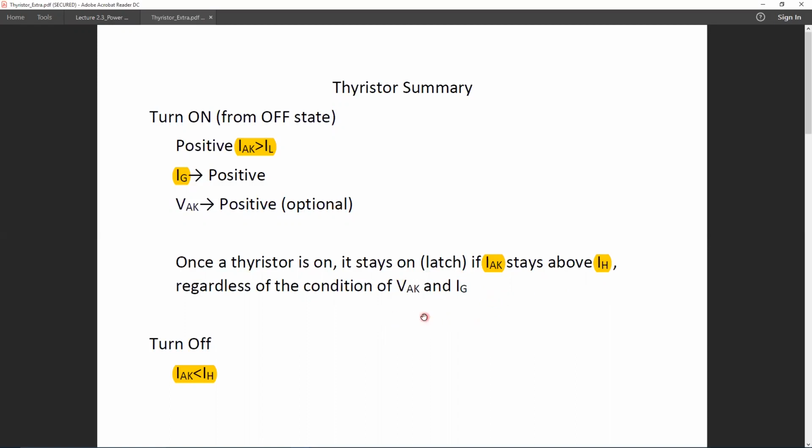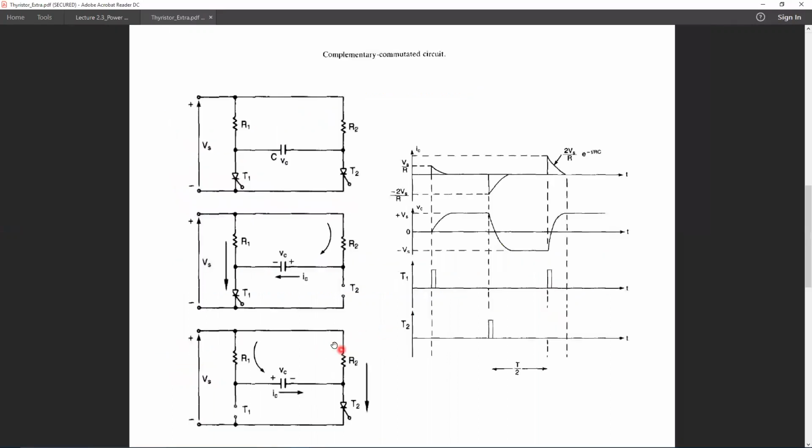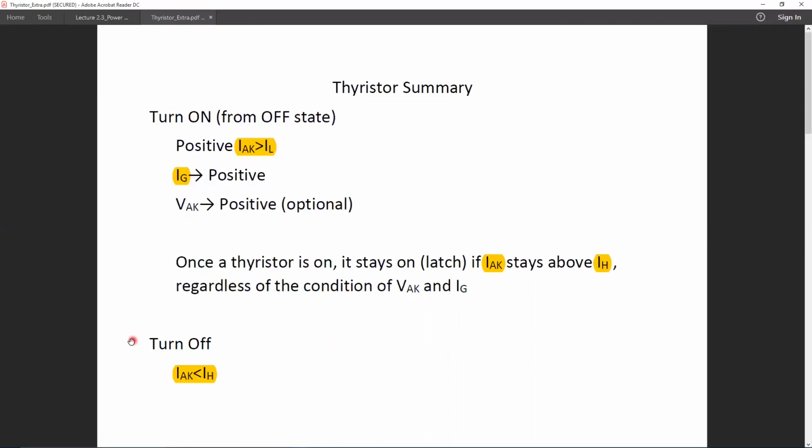So that's the latching state. It will stay latched if IAK is above IH. So the turn off condition is only IAK must be less than holding current.